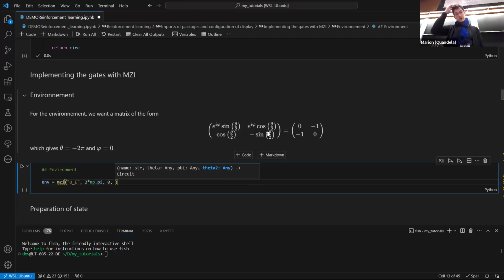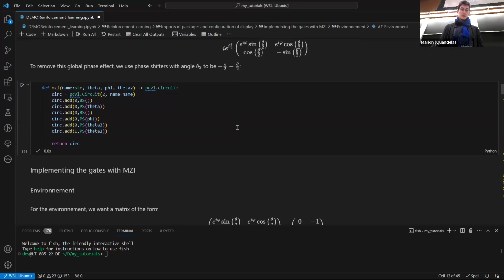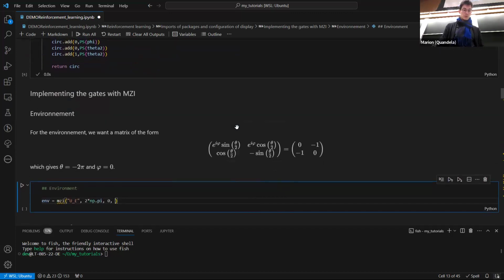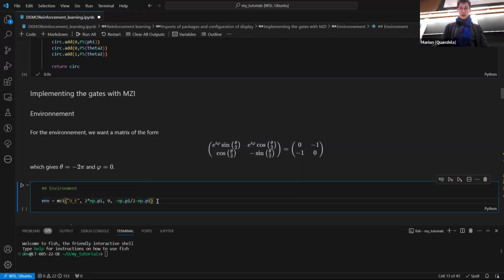And then we have to remember that theta2 was a function of these two, and theta2 was minus pi over 2 minus theta over 2. So we are going to write it: minus pi over 2 minus theta over 2. So theta is 2 pi, so it's minus pi. Could have written 3 pi over 2, of course. Okay.